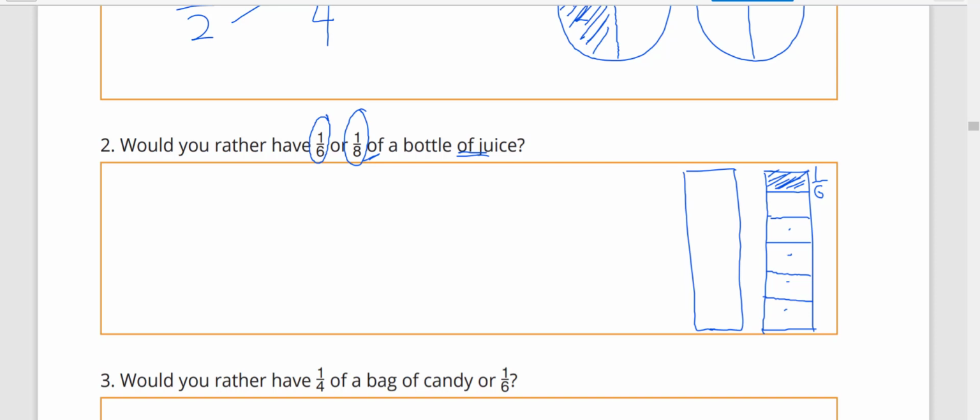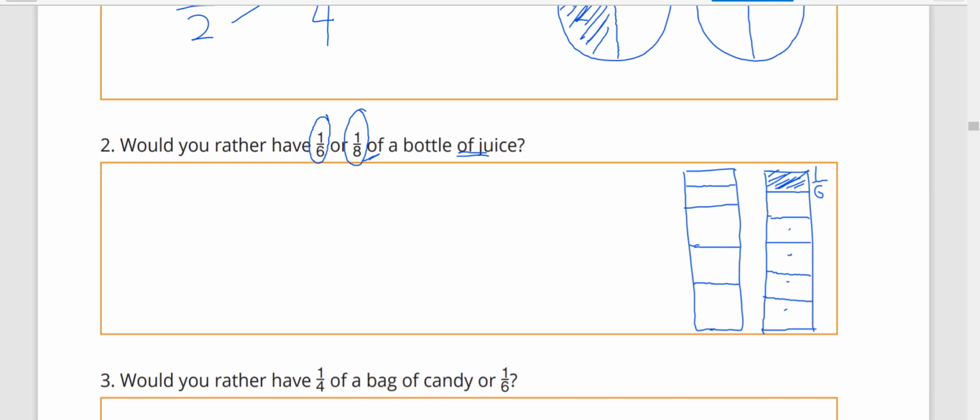Okay, so how can we divide one whole into eight? At the first, divide it into halves. This is half. Then divide each half into halves, and then each part into halves.